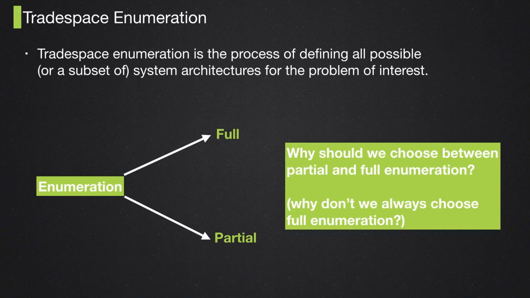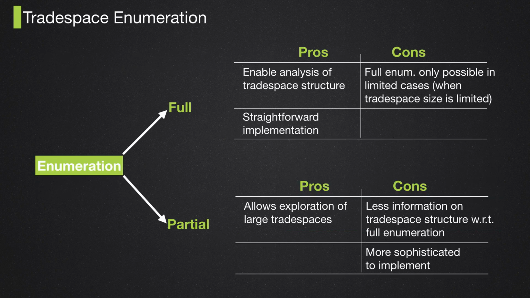In full enumeration, you have the advantage of being able to see everything, and it allows you to analyze the structure of the trace space, which is really important to understand what they call the physics of the trace space. And also, I would say it's a very straightforward implementation. It's brute force. You take all the decision variables, all the possible options, and you just enumerate all combinations.